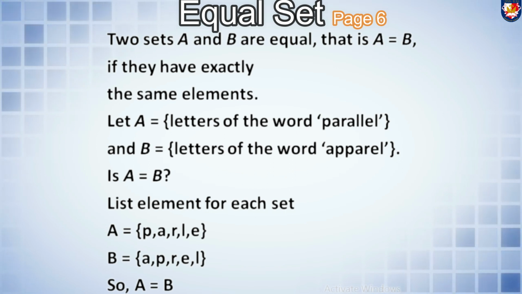As you can see, every letter in A is also a letter in B. Whether they are in the same order or not, they are the same. So A equals B.